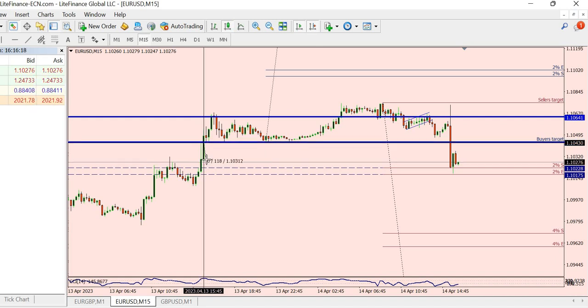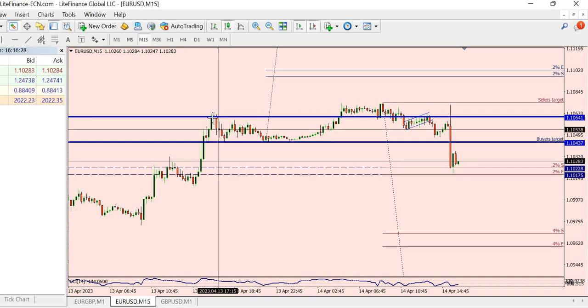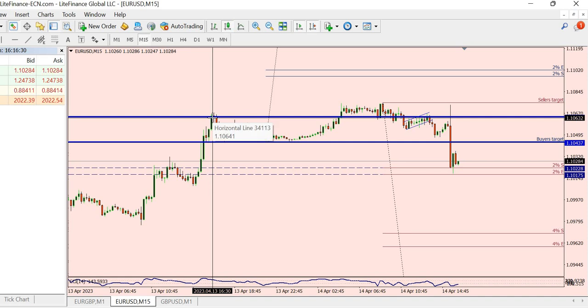It bounced, it gave us the opportunity to do a kind of scalping, 10 pips plus 10 pips, and after that it moved towards the 2% second level, which I already explained. This is the end of the accumulation of the short position made by market makers.